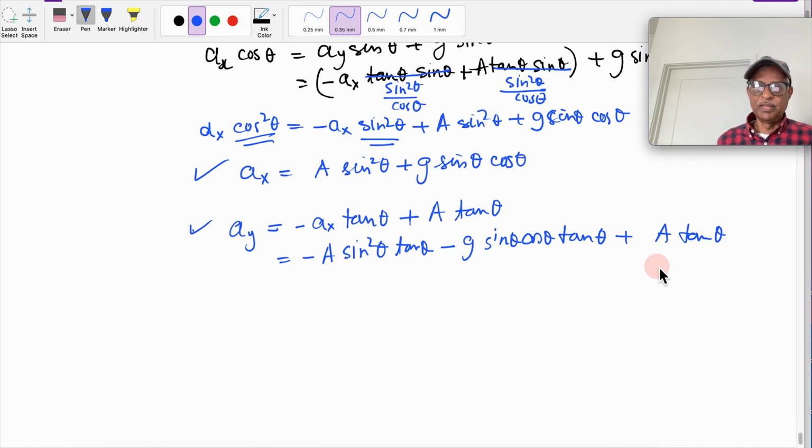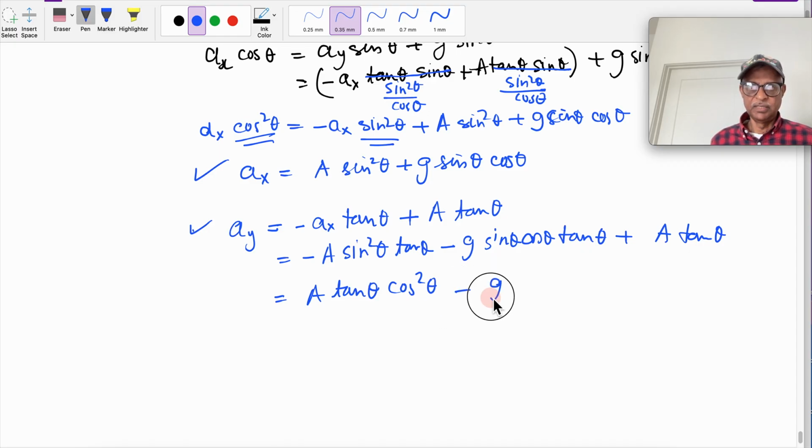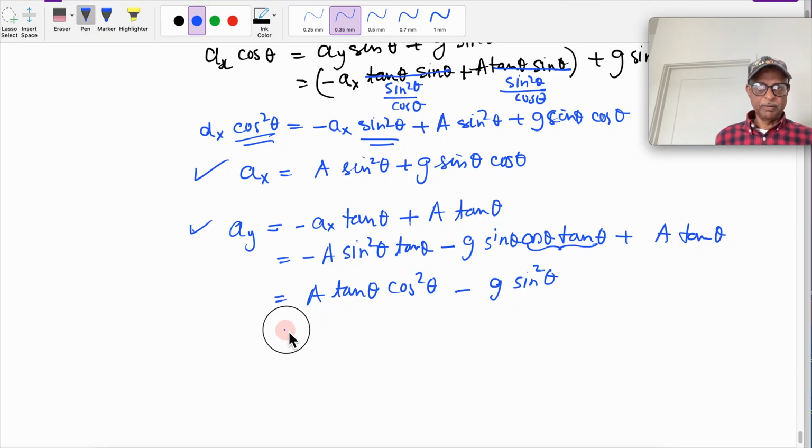I'm not making an algebra mistake. Between here and here, I can take a tangent theta common, and 1 minus sine square theta makes it cosine square theta, and this becomes g sine theta and another sine theta, makes it sine square theta. So this one is just one of the cosine. So you have a sine theta cosine theta minus g sine square theta.